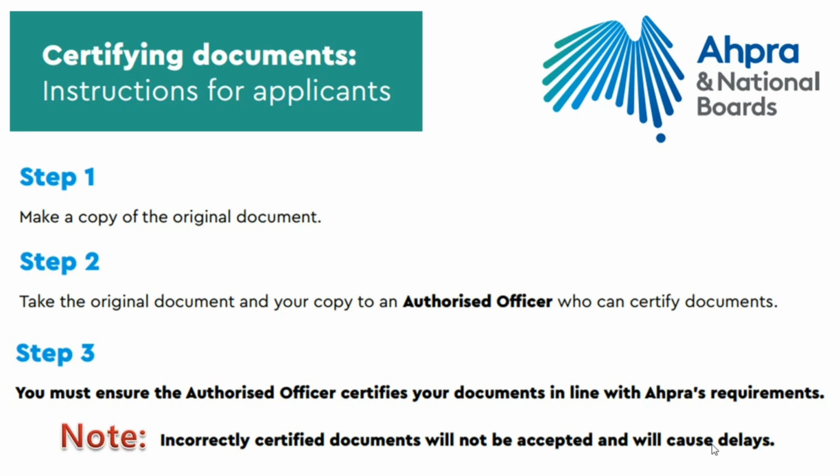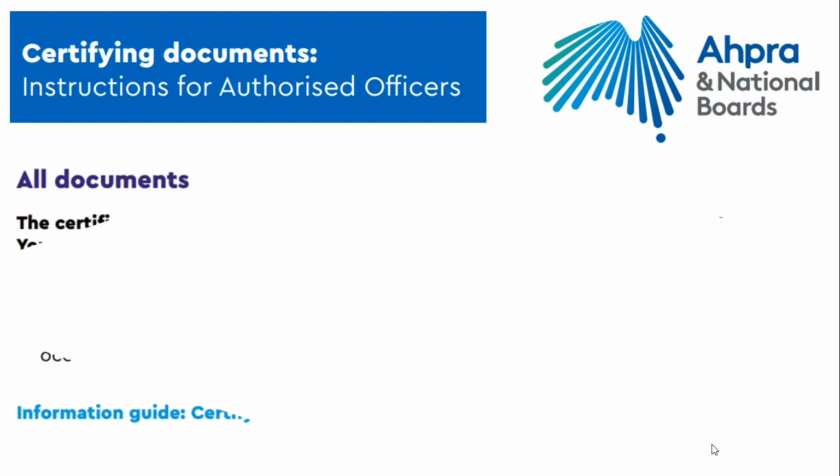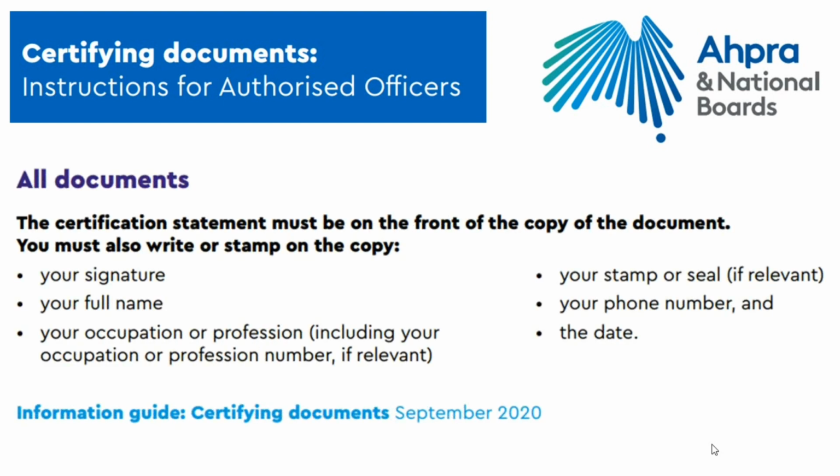So this note is given by AHPRA. So you have to follow the criteria listed by the AHPRA. So what are those criteria? The certifying documents instructions for authorized officer. So the instructions are, for all documents, the certification statement must be on the front of the copy of the document.